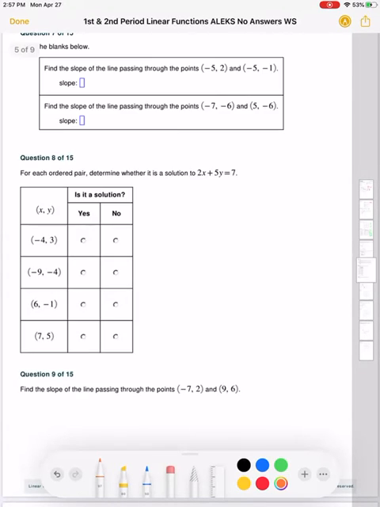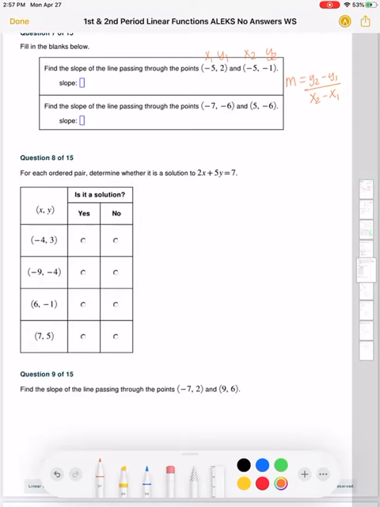All right, moving on to the next page. Question 7 says, fill in the blank below. Find the slope. Okay, you have a formula that you have to follow and you have to plug in correctly. This is x1, this is y1, this is x2, this is y2, and your slope formula is always y2 minus y1 divided by x2 minus x1.